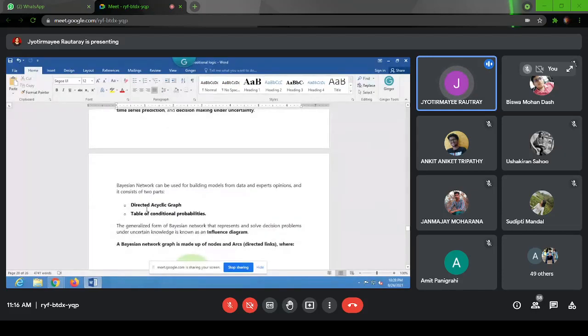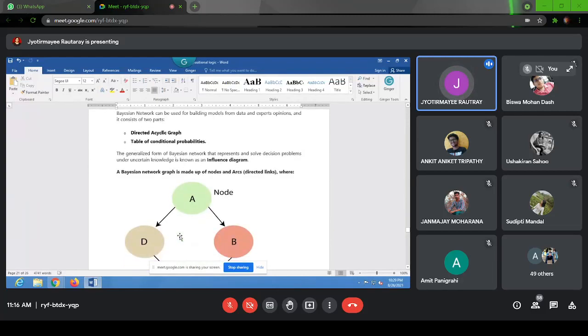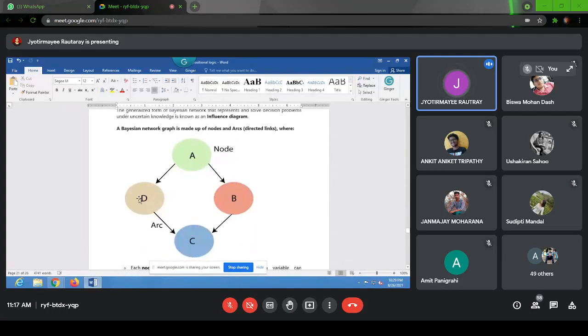That can be done with the help of a directed acyclic graph or a table of conditional probabilities. I will explain how you find the table of conditional probability. A Bayesian network graph is made up of nodes and arcs. These A, B, C, D are your nodes. As I have told you, an acyclic graph is formed. Acyclic means no cycle. Look here, this looks like a cycle, but it is not.